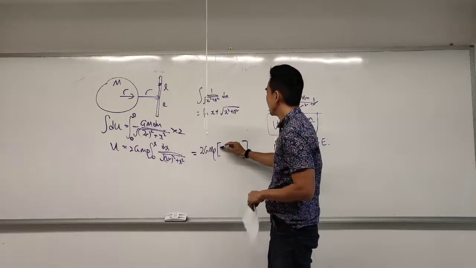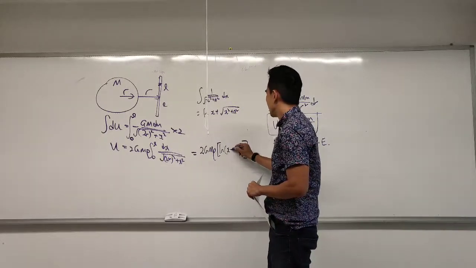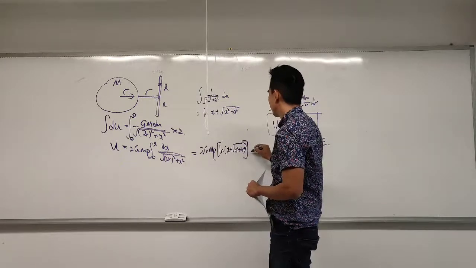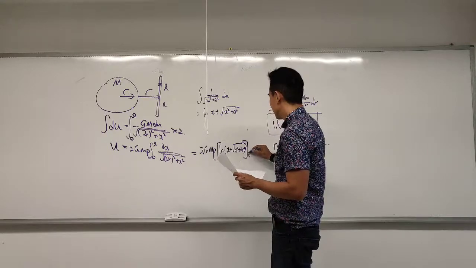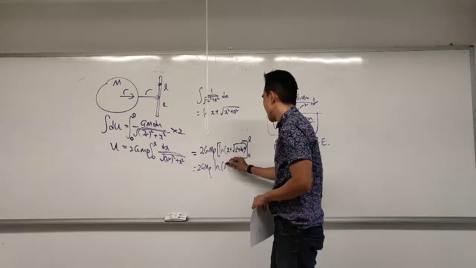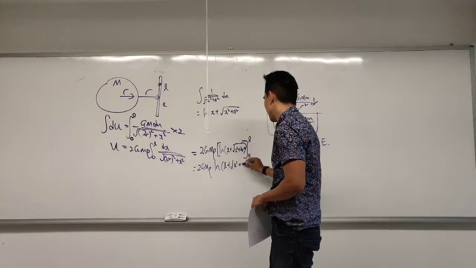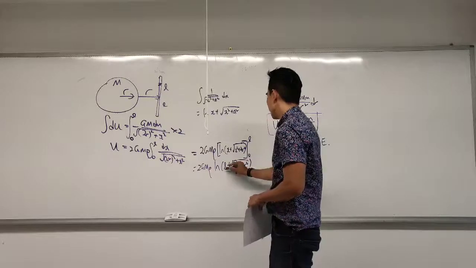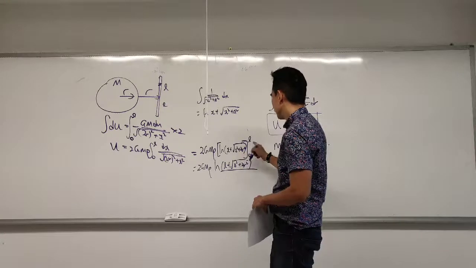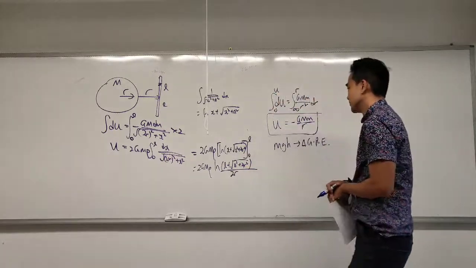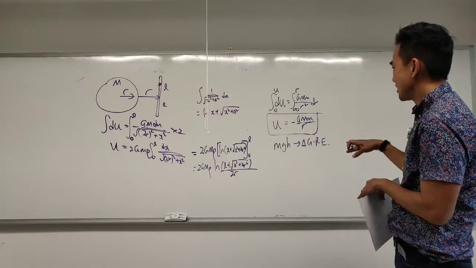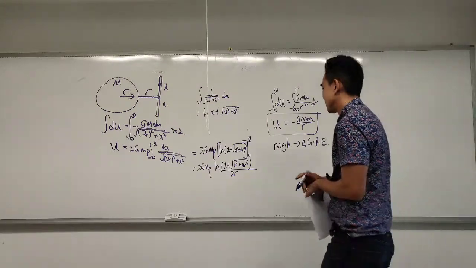So following this, you have ln of x plus the square root of x squared plus 4r squared, from 0 to L. So 2Gm rho ln of L plus the square root of L squared plus 4r squared, divided by, if you substitute x equals 0, it will just be 2r. Is it correct? The square root of 4r squared becomes 2r, and you minus away, so it's divided by 2r. Correct.